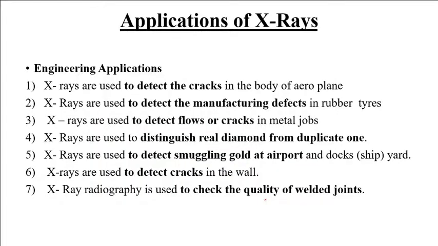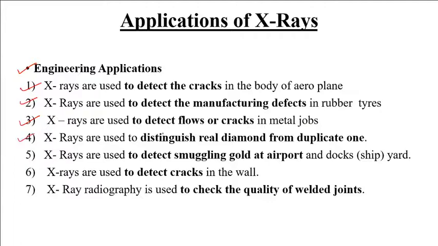And the last point, it is application of X-rays. So first, engineering application of X-rays. X-rays are used to detect the cracks in the body of aeroplane. Then X-rays are used to detect the manufacturing defects in rubber tires. They are used to detect the flaws or cracks in metal jobs.